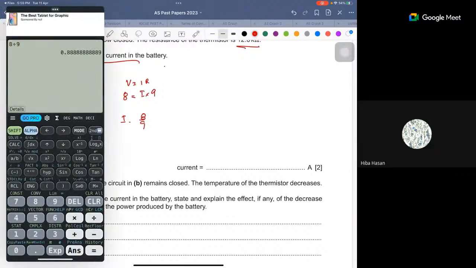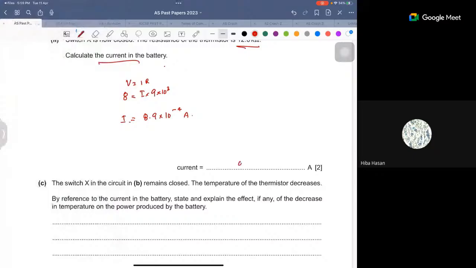Oh, I made a mistake here. I'm sorry. This is 10 raised to power 3 as well, because this is kilo, so we have to divide by 10 raised to power 3. So I'm getting something like 8.9 times 10 raised to power minus 4 amperes. Pretty good then.